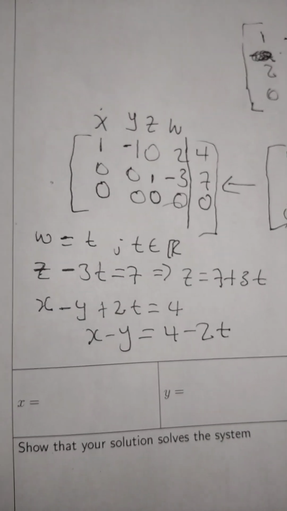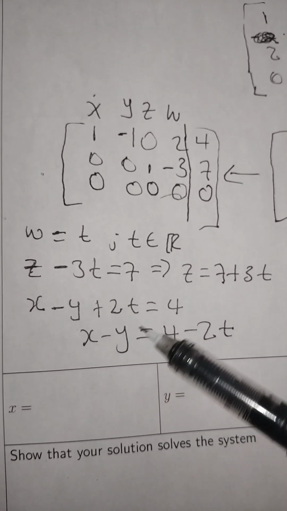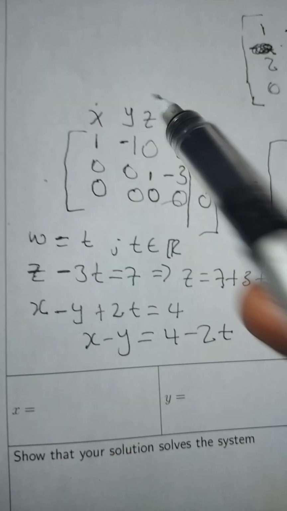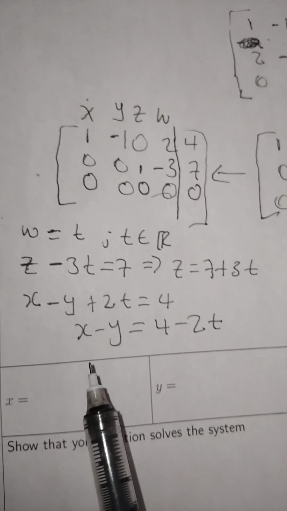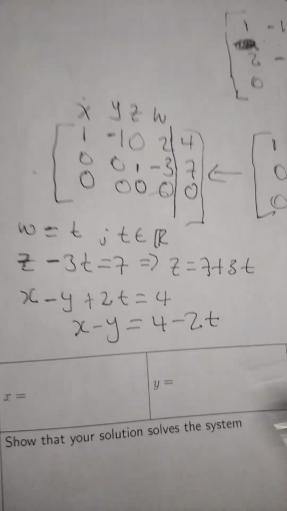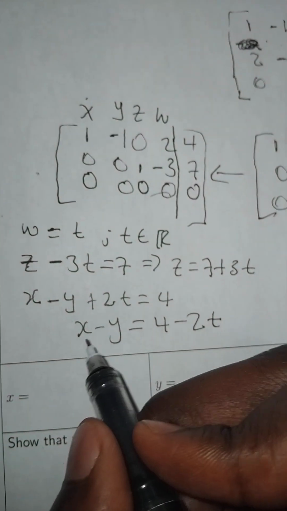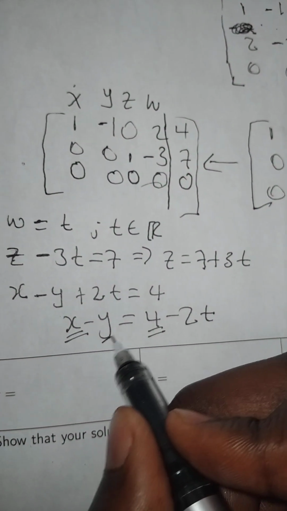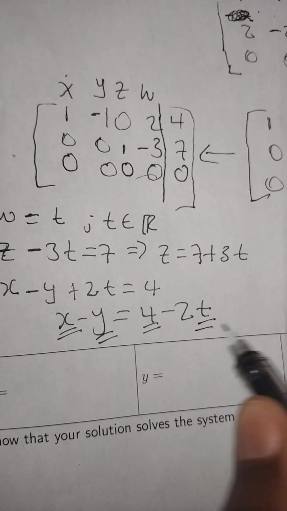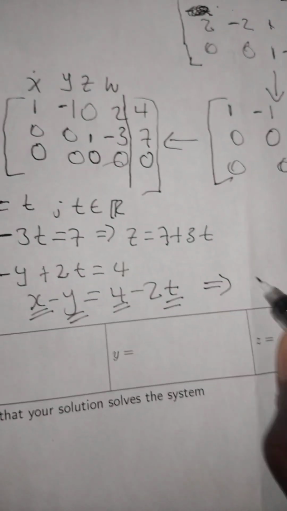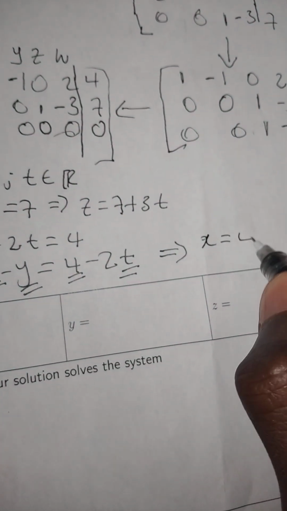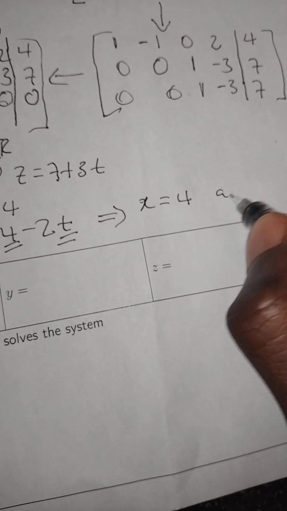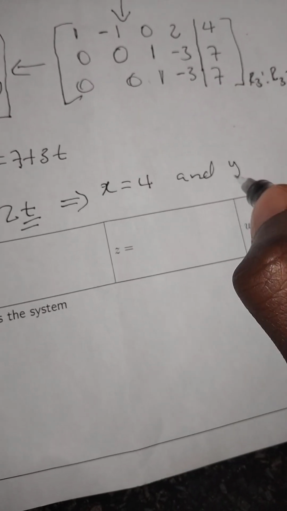Okay, so in this case, we see we can't solve for x and y separately. Then we can say, oh, this logically makes sense that in this case x has to be 4 and y must be equal to 2t.